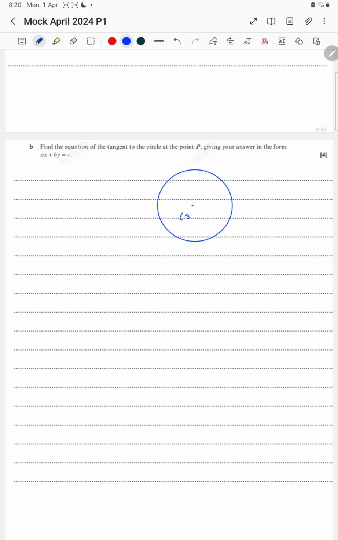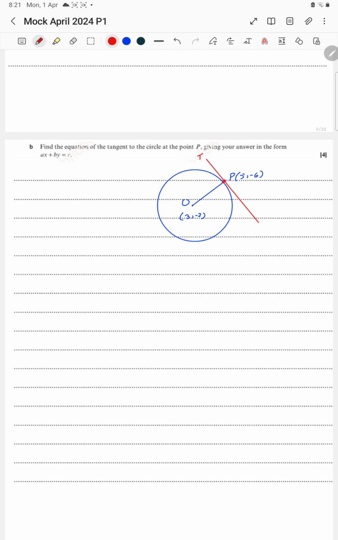Center was 3 comma minus 2 and the point P was 5 comma minus 6. As the tangent passes through this point P, we need to find this tangent line. This is the tangent. We have to find the equation of this tangent.